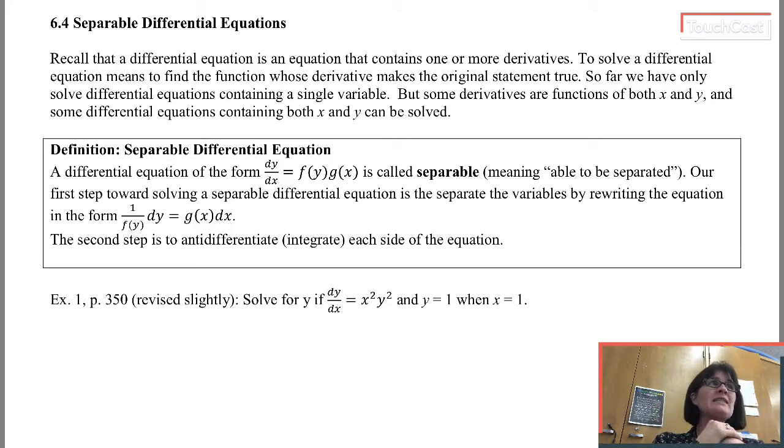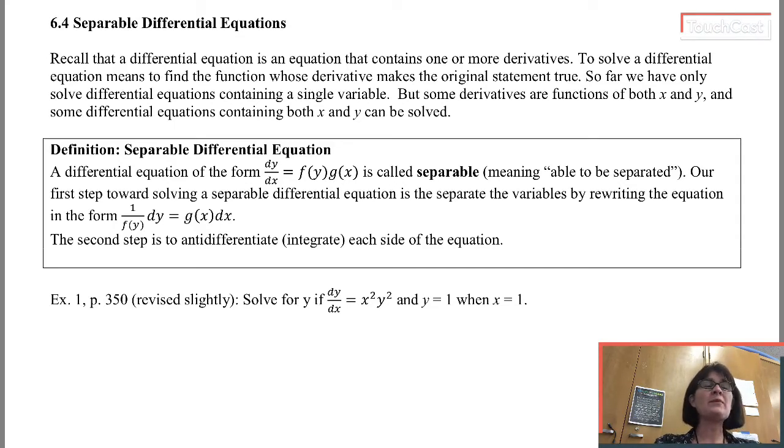So we want to now try to solve equations that contain derivatives of more than one variable, sort of like undoing implicit differentiation back from chapter 3. So we're going to focus on a very specific class of differential equations. It's what we call separable differential equations.